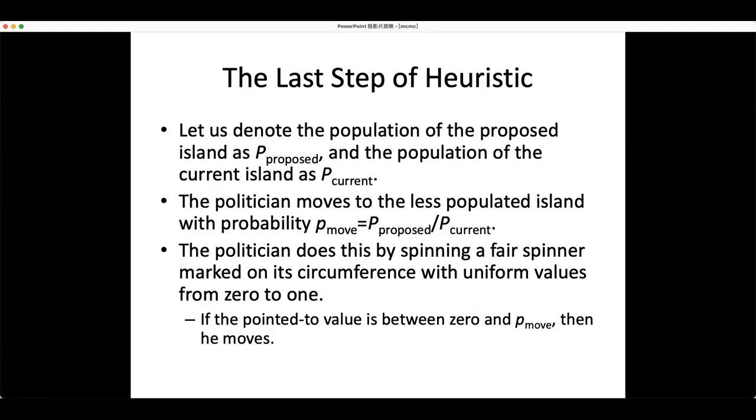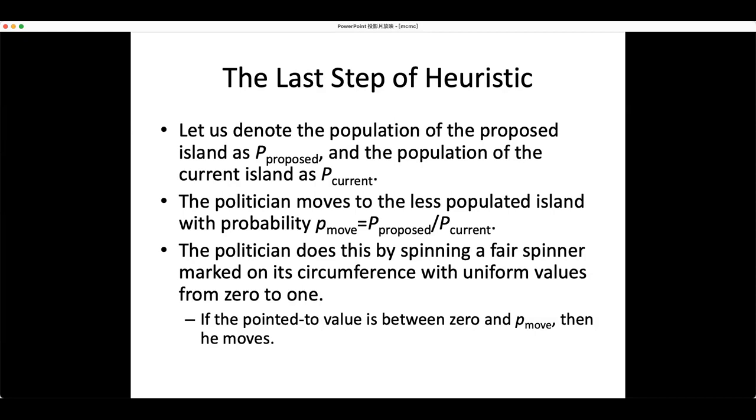So that's to make the last step of the heuristic more mathematical. Let's put it as an equation, as a formula. Let's denote the population of the proposed island as P proposed and the population of the current island as P current.